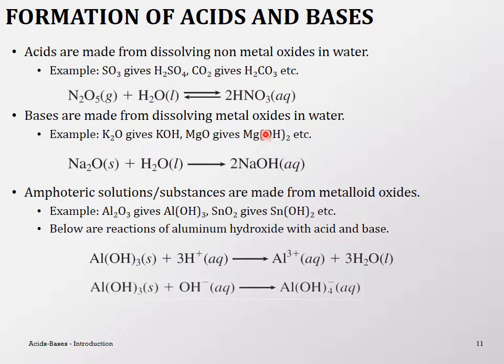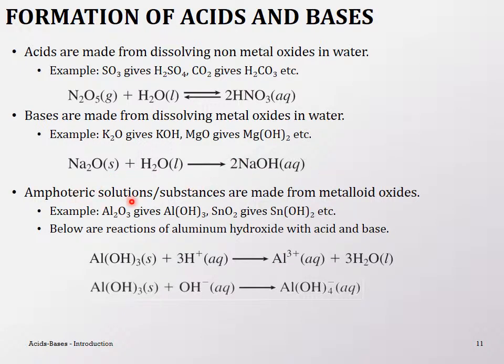Acids are non-metal oxides and bases are metal oxides. So take potassium oxide, dissolve that in water, it will give you potassium hydroxide. Magnesium oxide gives you magnesium hydroxide. And here is the equation for sodium hydroxide. So this is how it works for acids and bases. And again, remember that bases come from metals, so you have to have a metallic oxide.